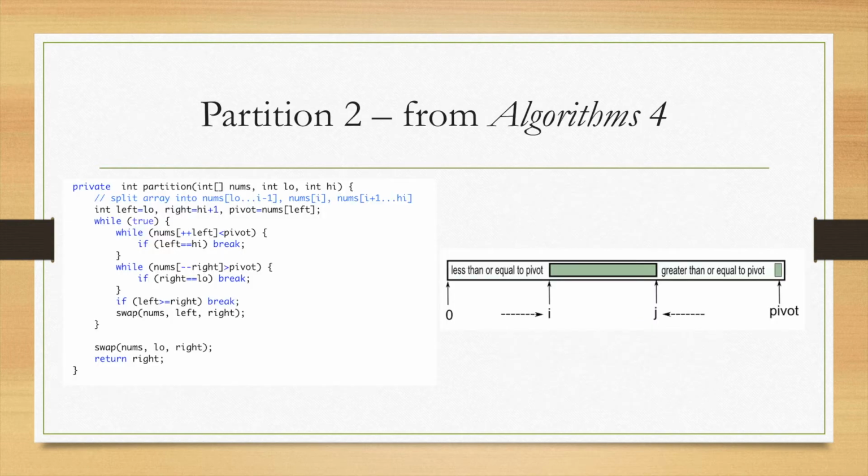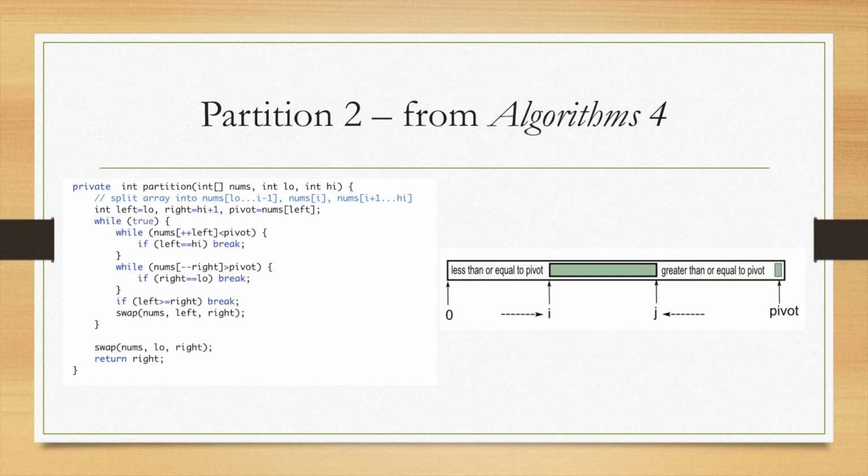The second partition method is a little different. This is from the Algorithms 4 book. For this partition method, we introduce i and j as pointers, and then in the middle of the calculation, from element 0 to i are the elements that are smaller than the pivot, and from j to the last element are the elements that are greater than the pivot. We do this calculation until i and j meet each other, and then we can stop.